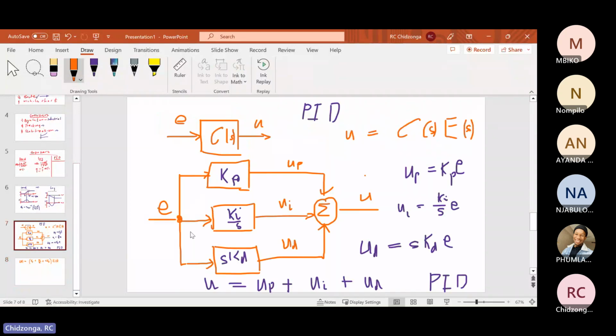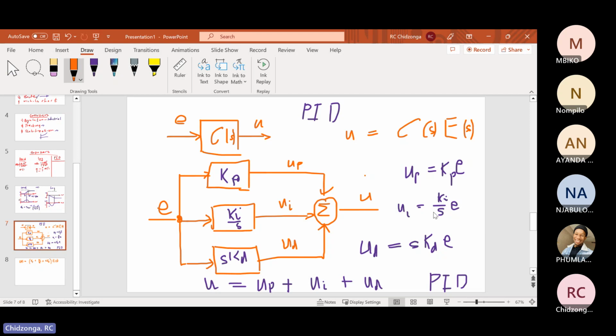So I was coming from here, guys, that the PID controller, this C, we break it into 3. We produce 3 signals. One signal, which we call UP, is proportional to the error. The next signal, which we call UI, the output of that component is proportional to the integral of the error.